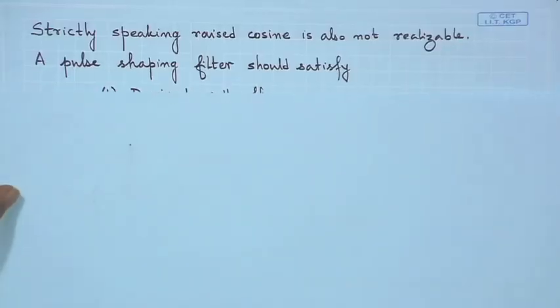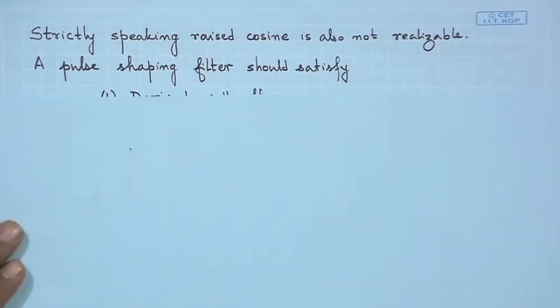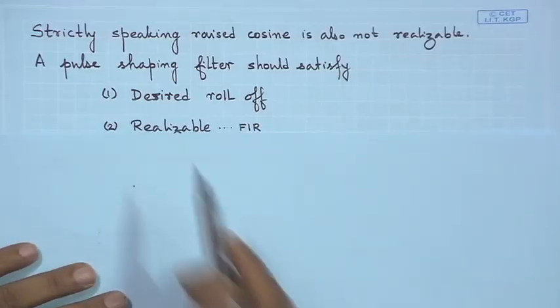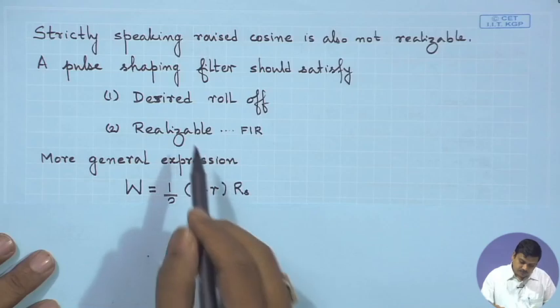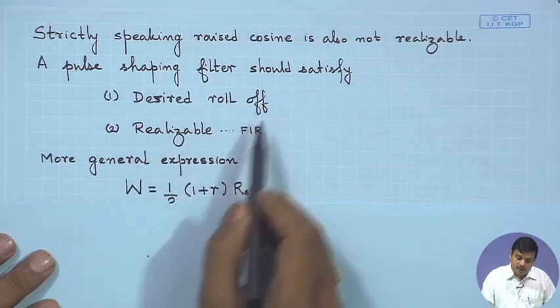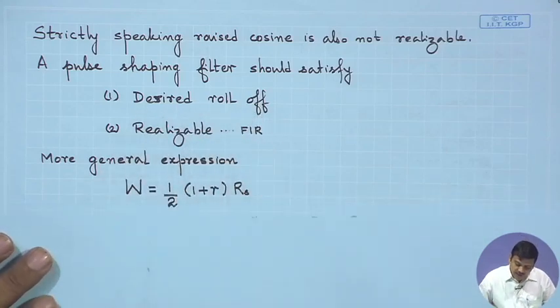So, the raised cosine filter is also not realizable in a strict sense, simply because the tails stretch to infinity. If you have such a situation, we would like to design a pulse with a desired roll off and a realizable FIR.